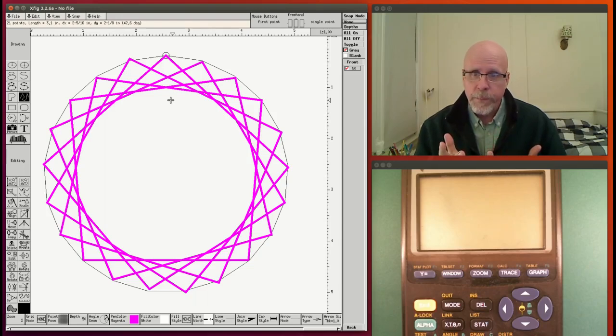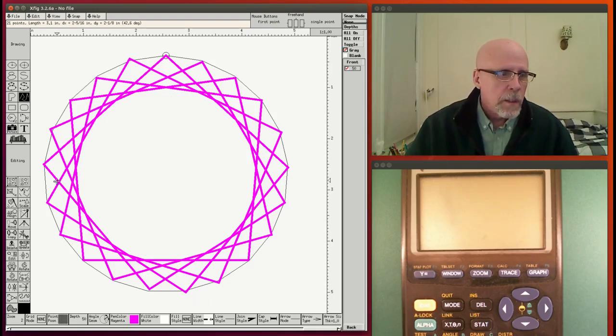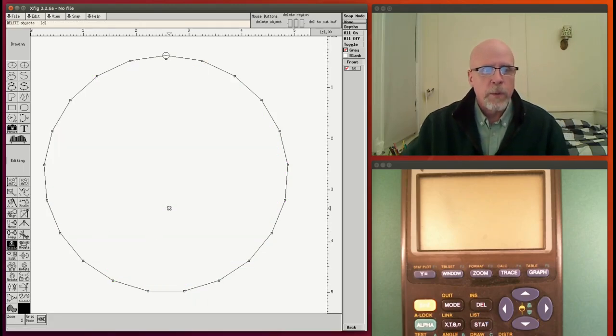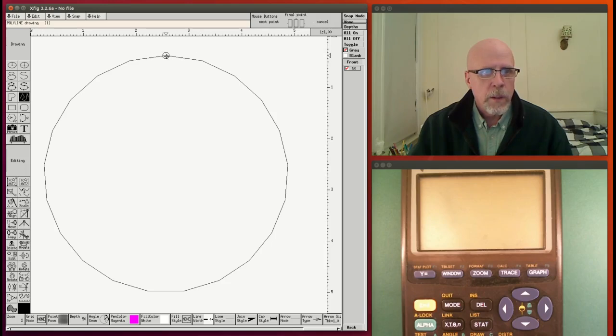Maybe how about 9? I think the only factor it shares with 21 is 3. So let me just delete this beautiful purple star and we'll draw another beautiful purple star. What does it look like if I start at 0 and go 9 units?